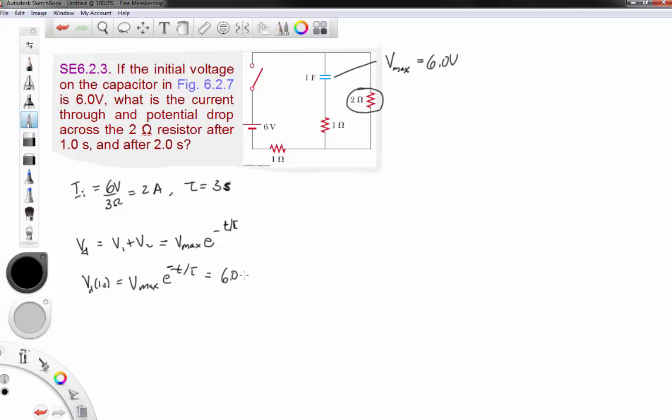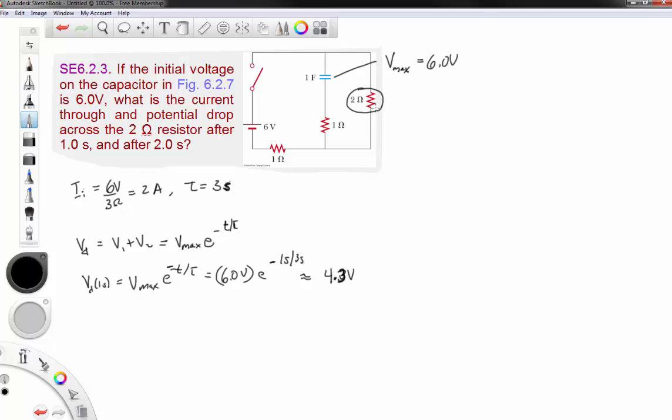So we'd have 6.0 volts times e to the negative 1 second over 3 seconds. So we throw this into our calculator and we get 6 times e to the power of negative 1/3, and according to my calculator that's 4.299, so maybe we should round that to about 4.3 volts.